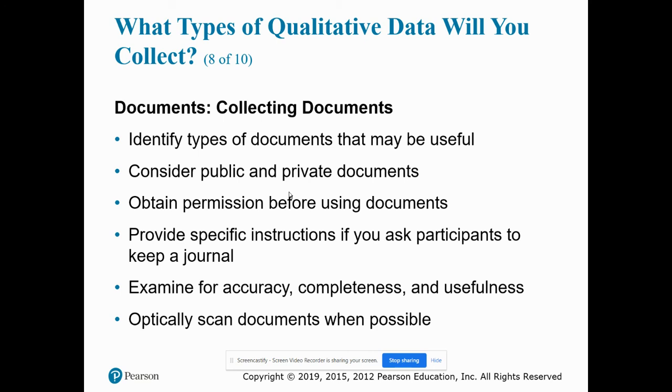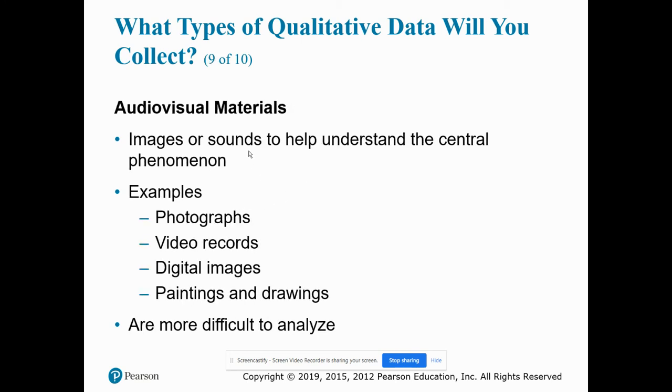And you need to provide specific instructions if you ask participants to keep a journal. Okay, so that could also be considered documentation. So you examine for accuracy, completeness, and usefulness, and scan the documents when possible.